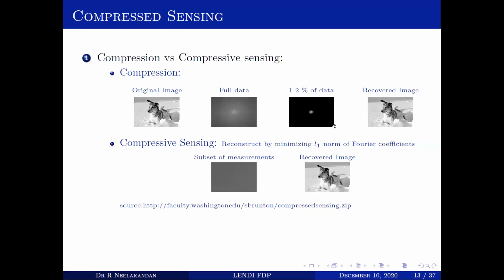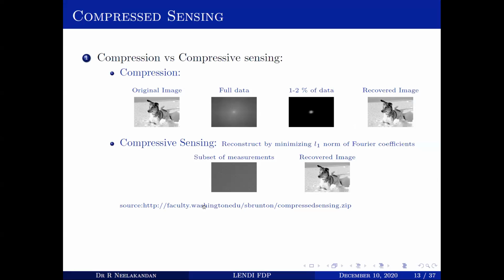But again, you apply the decompression technique and you get the original image back. For example, if you have to transmit a JPEG image, you do the JPEG compression, send the compressed data, and do the decompression to get the original image back. That reduces the overhead in the transmission. That is what compression is typically used for.